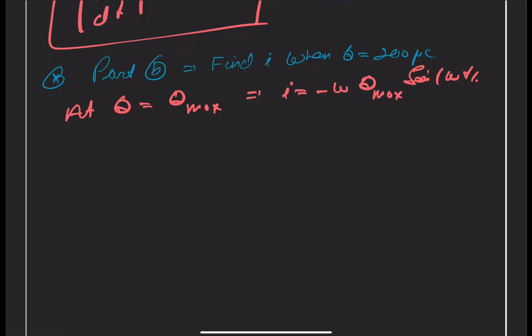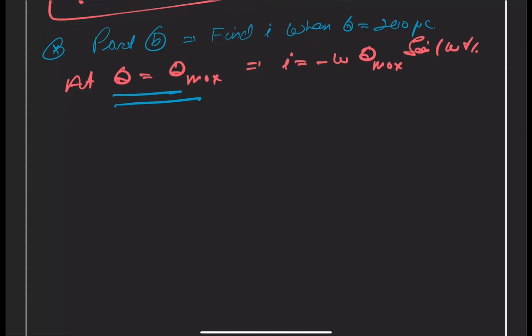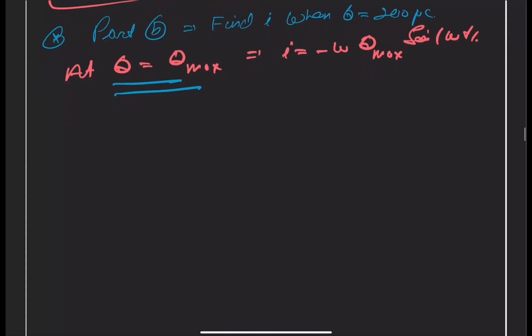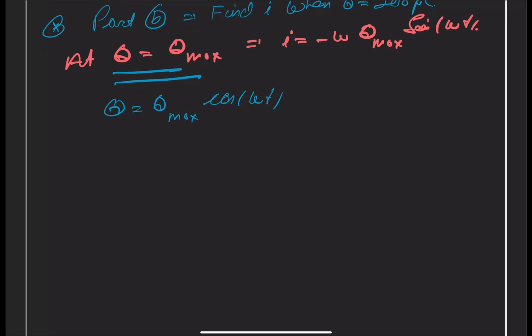Since Q is equal to Q max, and we also know the equation of the charge, Q is equal to Q max cos of omega t, which means that for Q equal to Q max, this cos of omega t will be equal to 1.